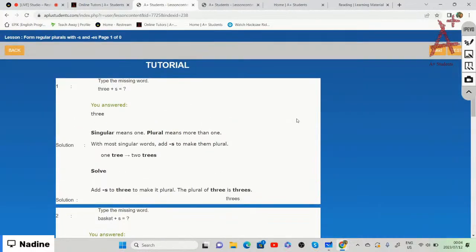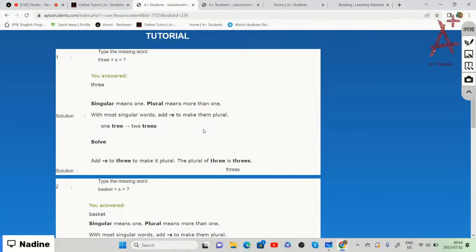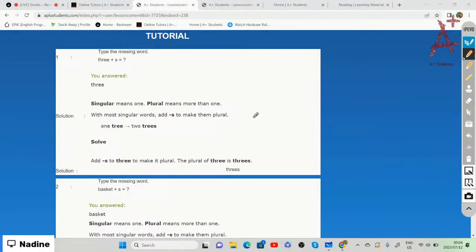So with forming regular plurals, with s and es, we first need to know what singular is as well as what plural means. Singular only means one. It's either one person, one place, one animal, or one thing that we're talking about. And plural, on the other hand, means more than one, or two or more.